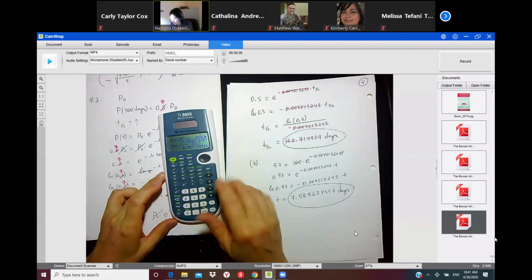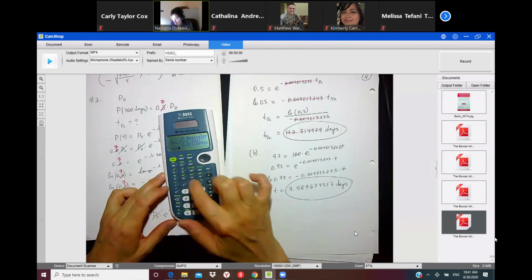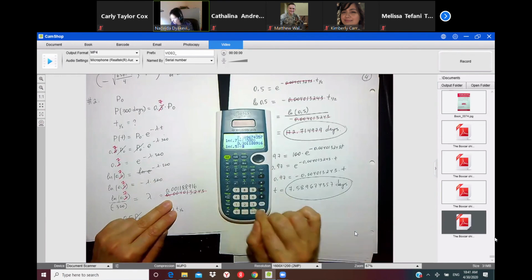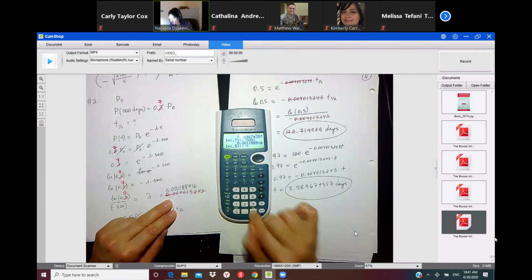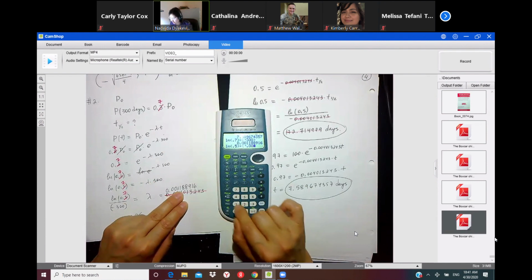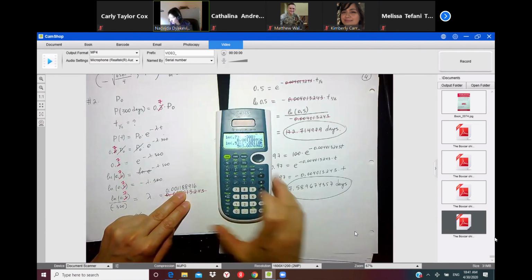We still have ln of 0.5 on top, and we divide it by negative, so I just need to change this number, 0.0011888916, close parentheses.